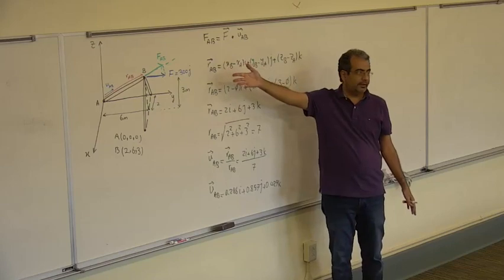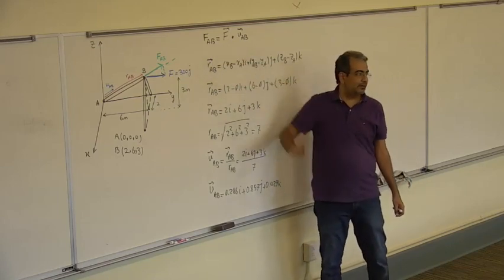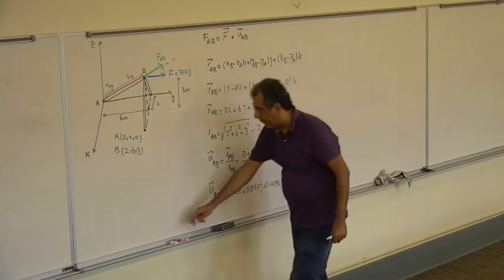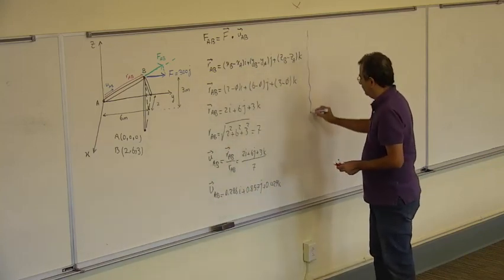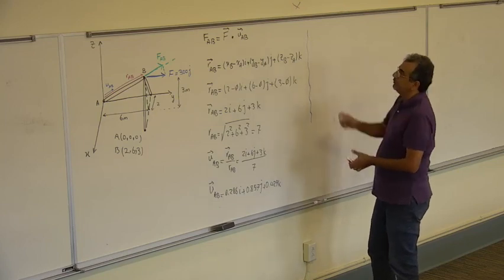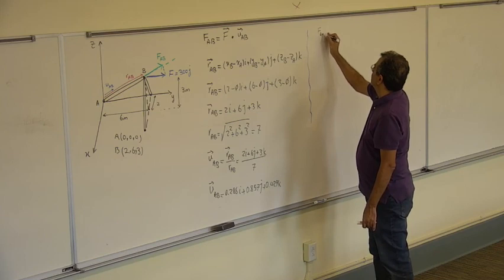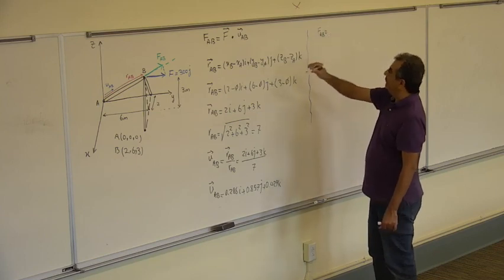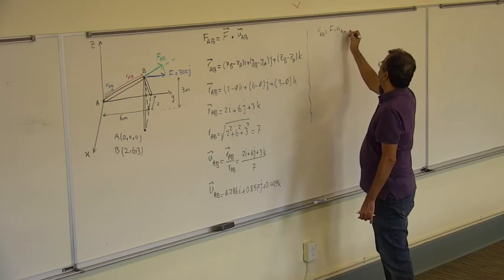So up to here, I found this. The F, I already have, so I can just go ahead and find the magnitude of that FAB, which is F dot UAB.